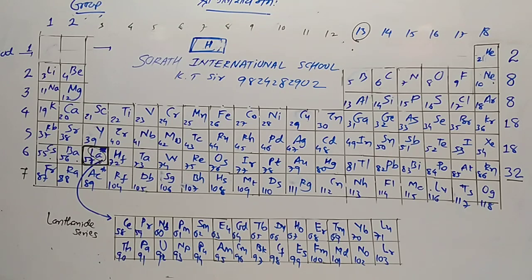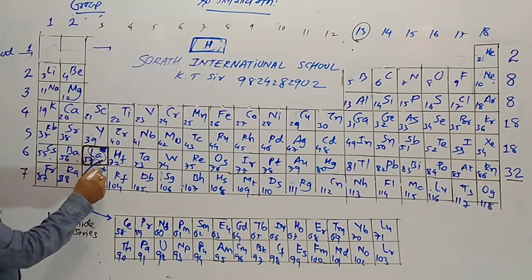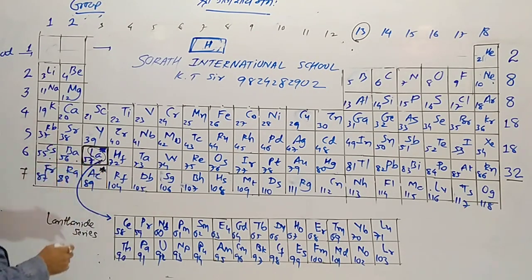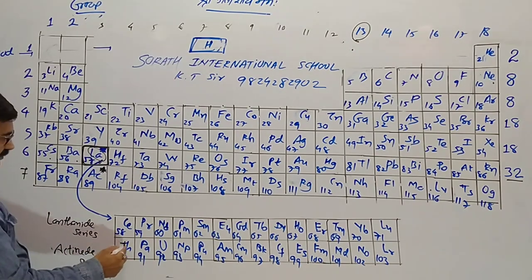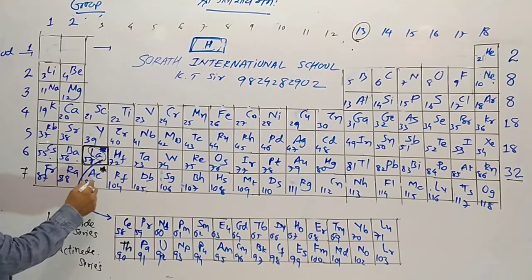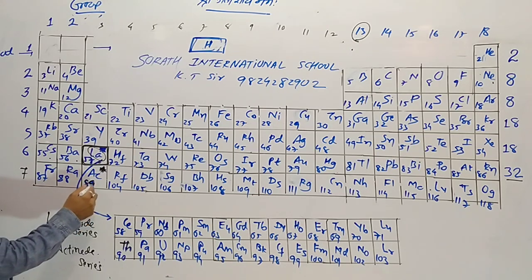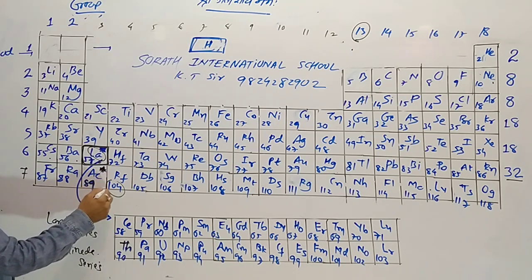Now in the seventh period, same. Here you can see the actinide series. Actinium has atomic number 89. Then it starts directly with rutherfordium, 104.